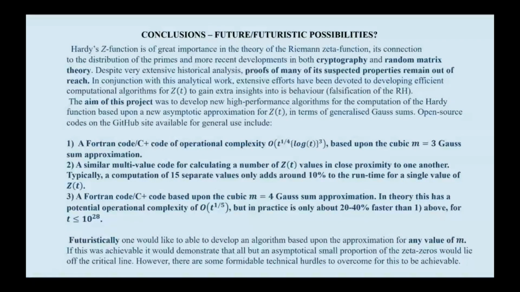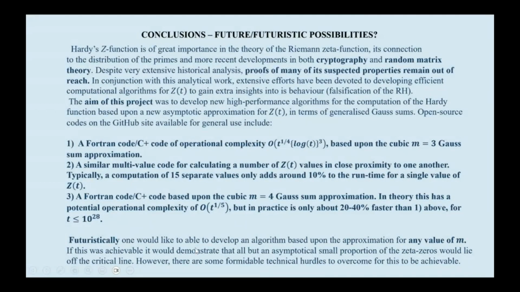You would choose the appropriate value of m to give you a result in the time that you specify, whether it's an hour on the supercomputer or a day on your desktop or whatever it is. You could just work out a particular value of m for your given value of t.